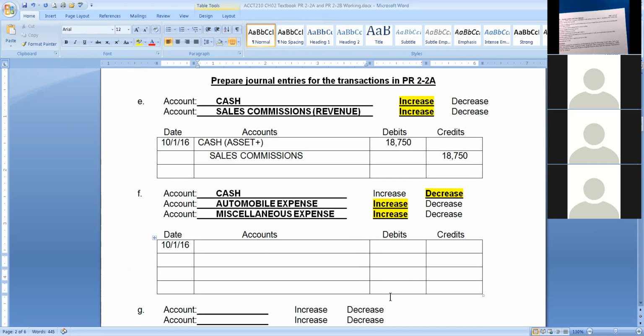Okay, let's do the automobile expense first. Again, if you put rent expenses, it probably wouldn't make too much difference. Automobile expenses, 1580.